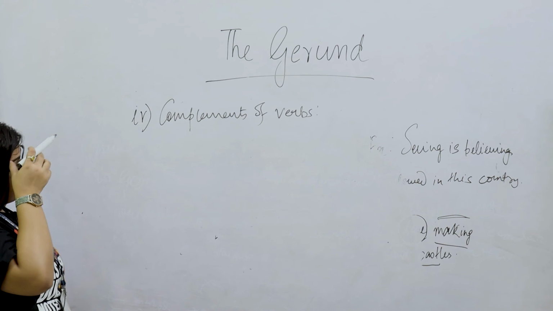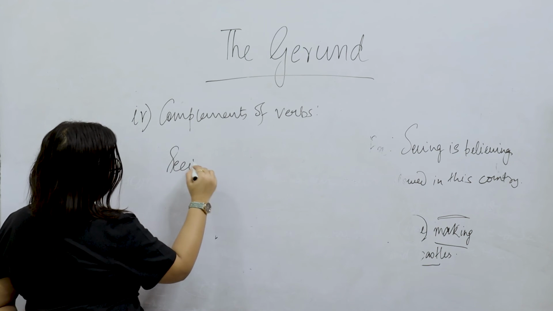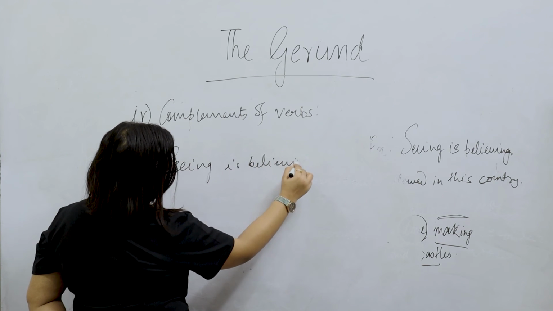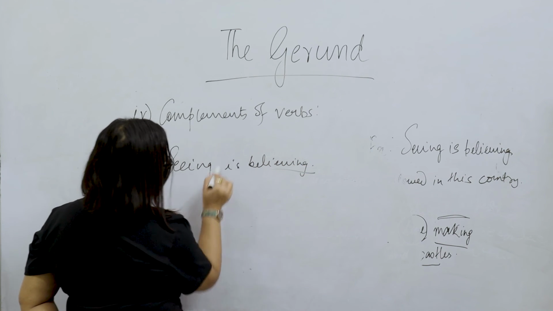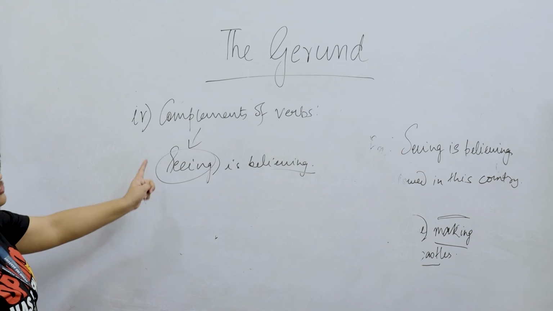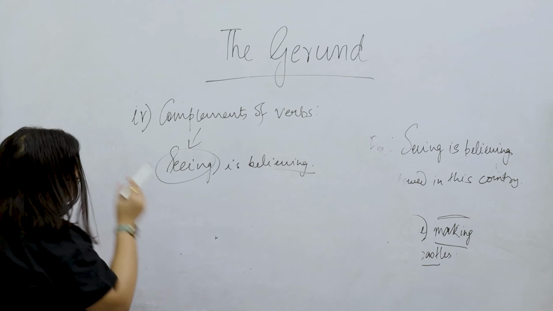So how will we use them as complements of verbs? Again, we can say, seeing is believing. Here the verb is "is" and we are using "believing" as a counterpart or complement, as a part of the verb in order to complete the sentence.